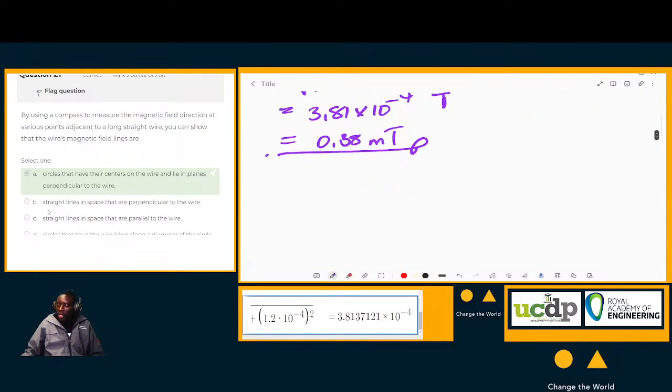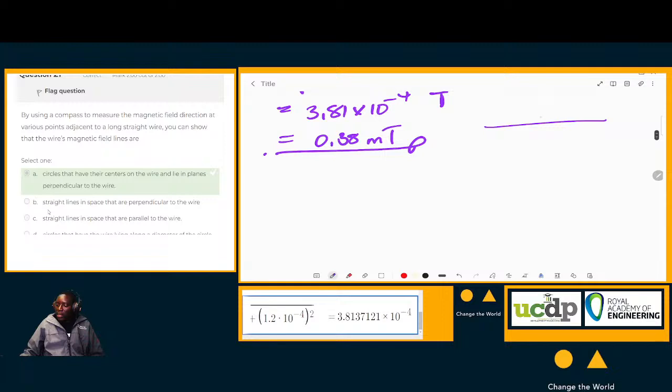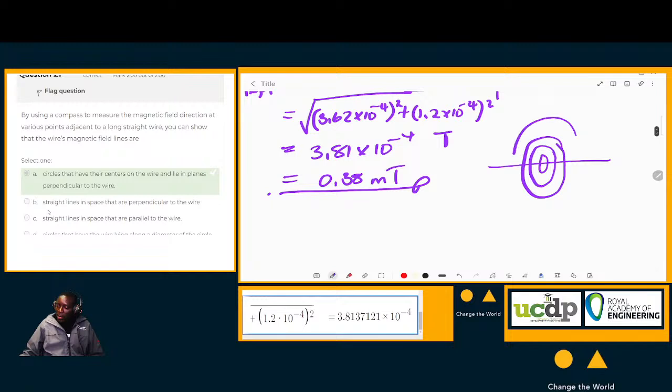So if we have a wire with a current, then this magnetic field will be given by circles, which are difficult to draw, but will be something like that. So those are the circles that show the B field for a current I. So right hand rule. Okay, got it.